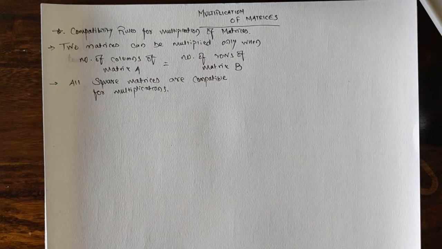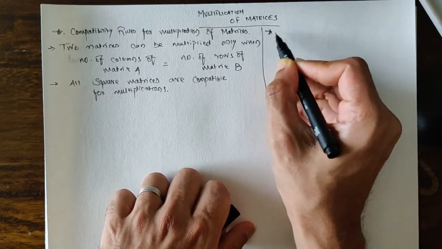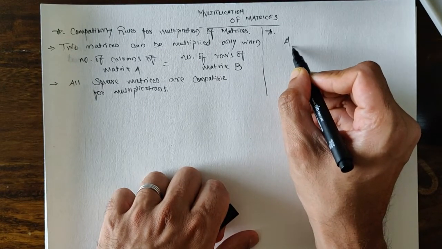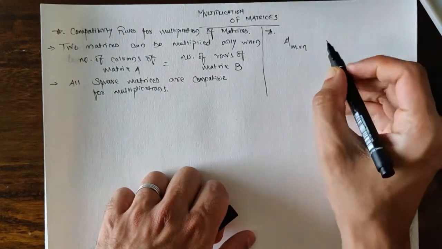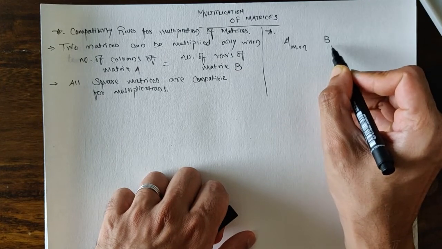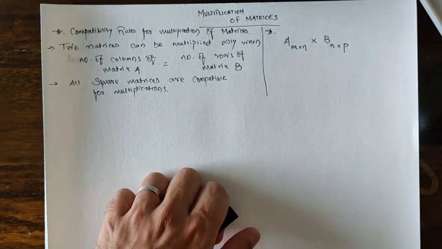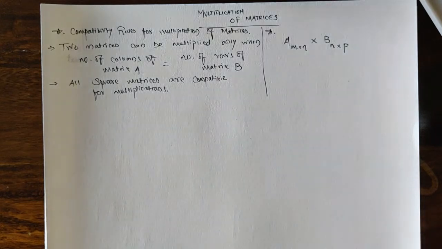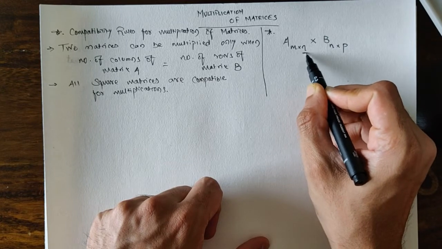Now after checking the compatibility rule, let us see one more thing. Suppose matrix A has an order of m by n and matrix B has an order of n by p. Can matrix A get multiplied with matrix B? Let's check. What is the number of columns here? n.